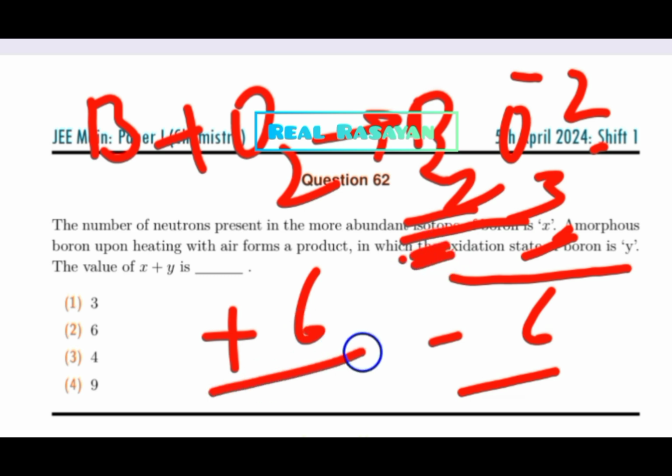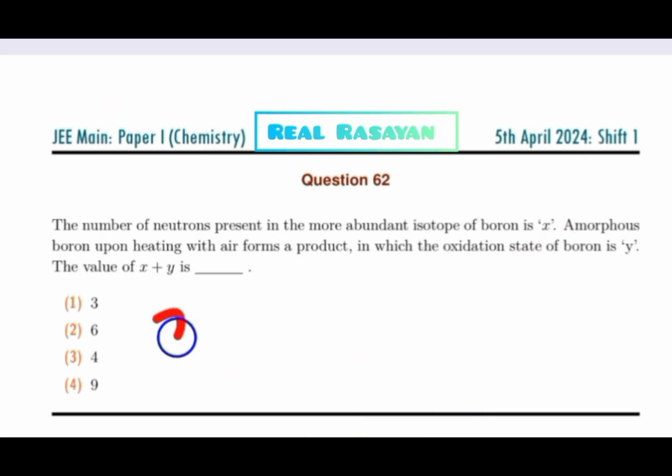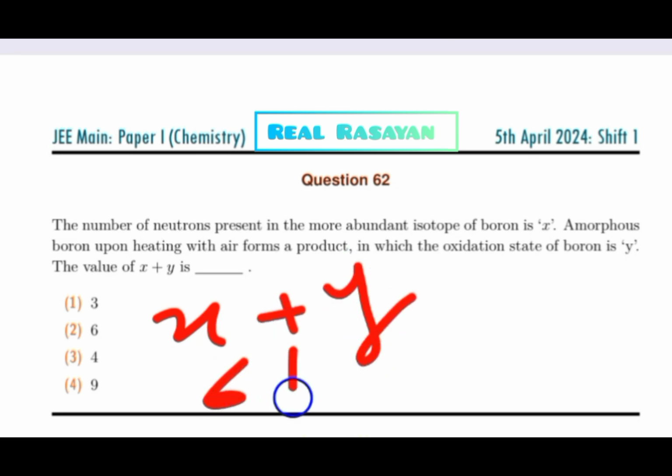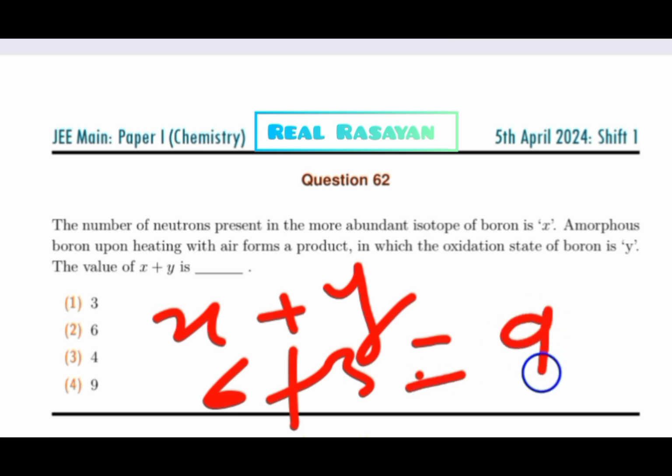So one boron atom gets plus 3. So the value of Y is 3. So X plus Y is 6 plus 3, which equals 9. So the answer will be option number 4.